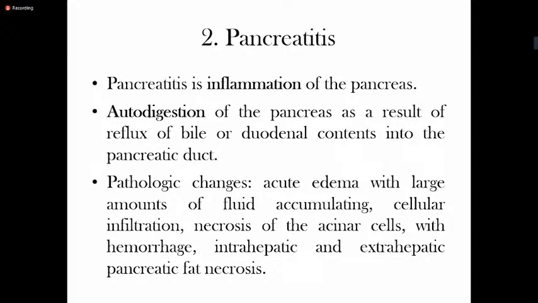And there's fat necrosis within the pancreas. So the pancreas, when inflamed, becomes edematous with large amounts of fluid accumulating, with cellular infiltration, and cells die within the pancreas. So it is a very extensive disease in the acute process.